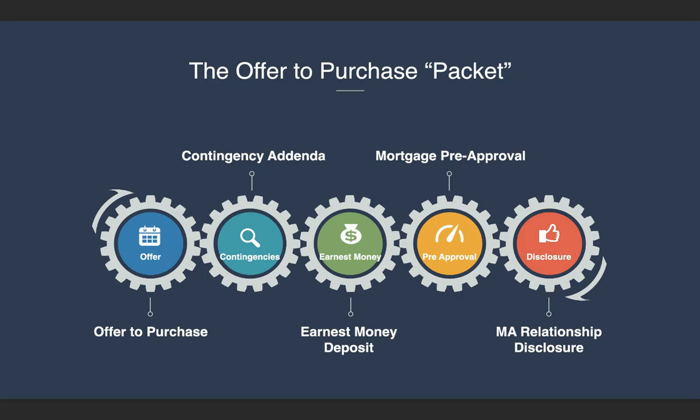Now, to protect your client, you want to see the relationship disclosure document, which is between the buyer's agent and the buyer. You want to see their document because it establishes that the buyer's agent is truly representing that buyer.